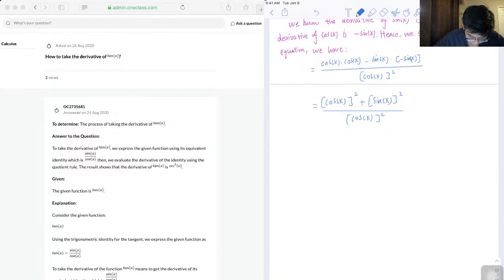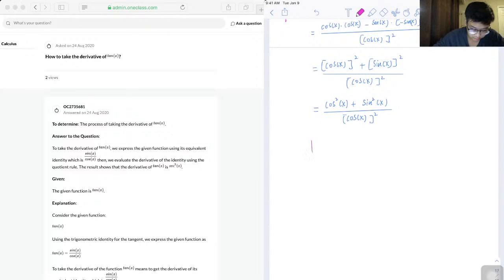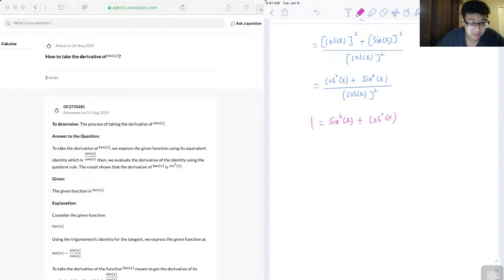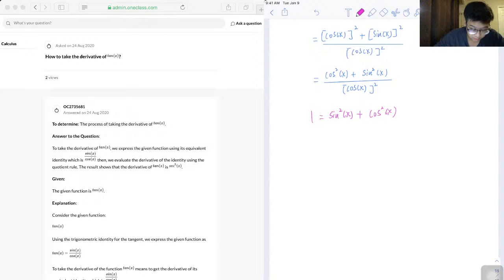And this can also be written as cosine squared plus sine squared over cosine x squared. Recalling that we can substitute in the Pythagorean identity, which is given by 1 equals sine x squared plus cosine x squared, and the identity of secant, which is 1 over cosine x equals secant x.